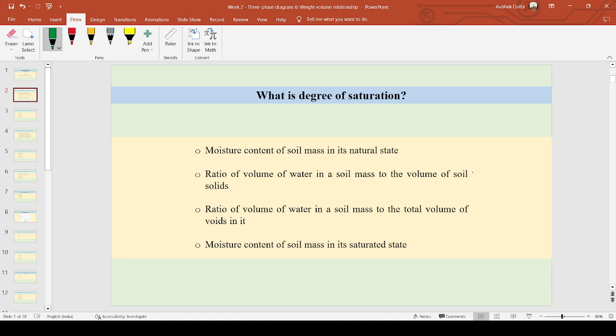Right. Degree of saturation we write like this: S equals volume of water in the soil to the volume of voids in the soil, expressed as percentage.